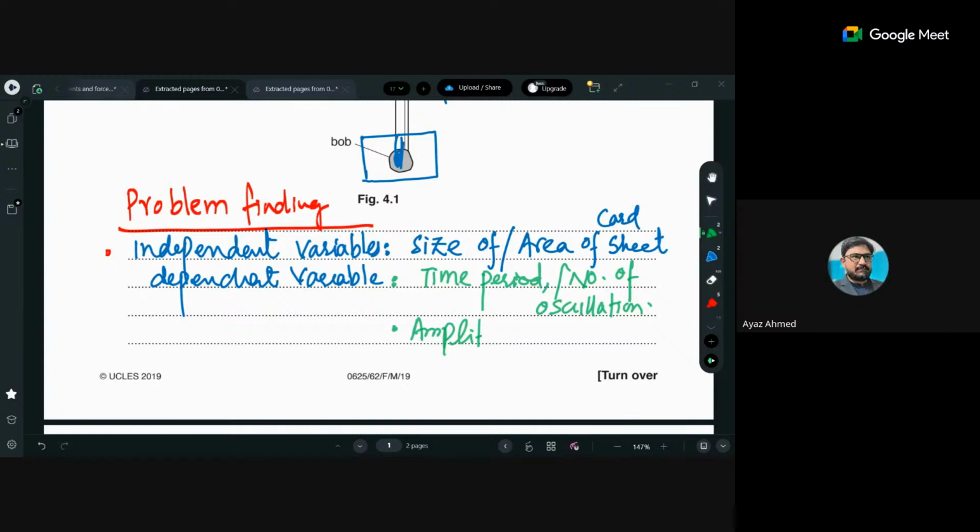amplitude of swing. Are you getting my point? I'm just writing from the student's perspective: if I were a student, what would I think? If I change the size or the area of the sheet attached, then the time will change, the number of oscillations would be affected, the amplitude of the oscillation would be affected, isn't it?